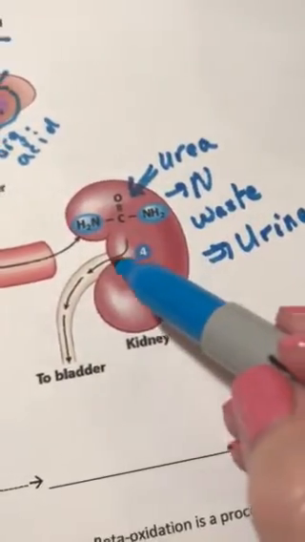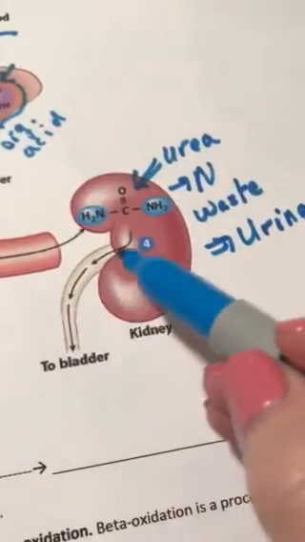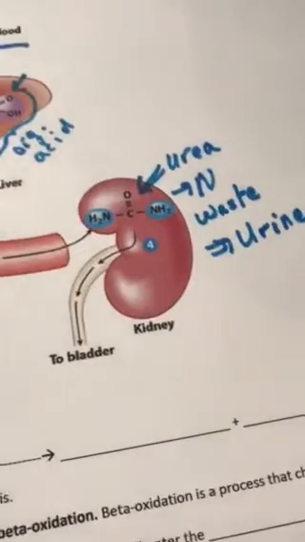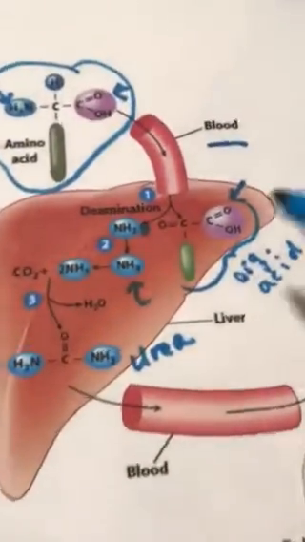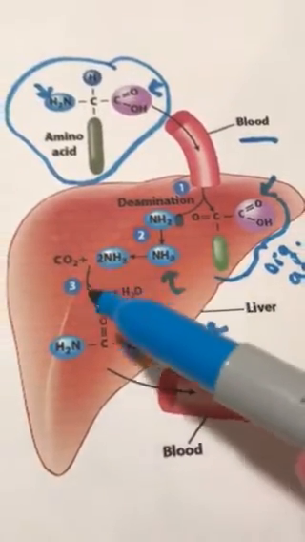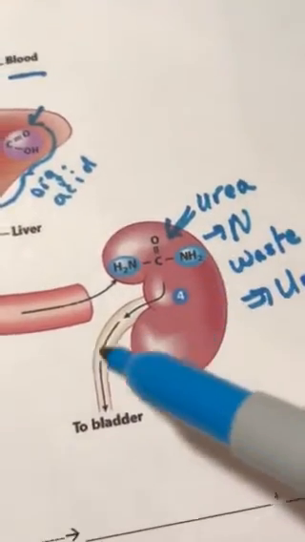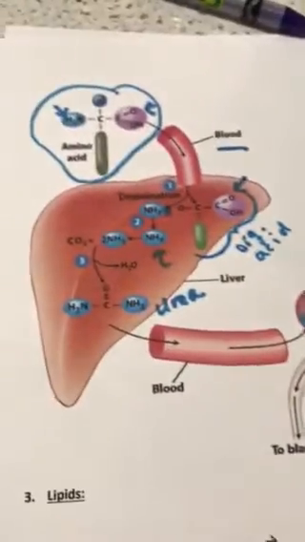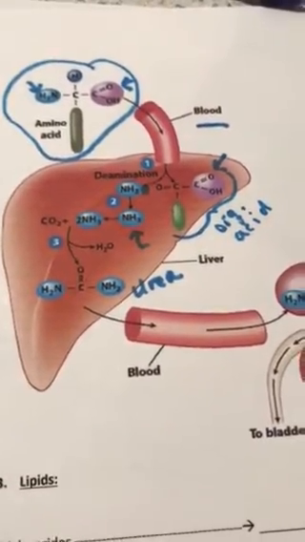So that becomes urine and it gets excreted by the kidney, gets carried within the urine to the urinary bladder where it's going to be then removed from the body. Okay, so the amine becomes ammonia, becomes urea, gets excreted by the kidney in urine. Right, there you go. So that is how we catabolize proteins for energy.